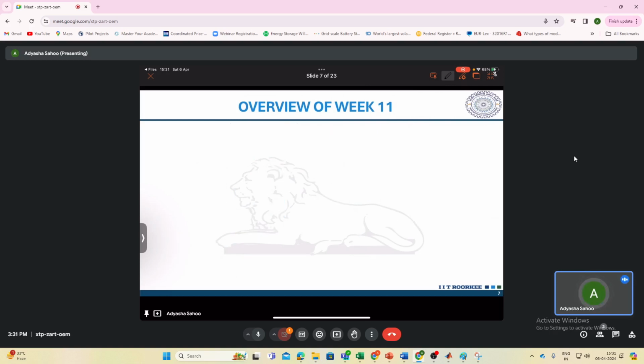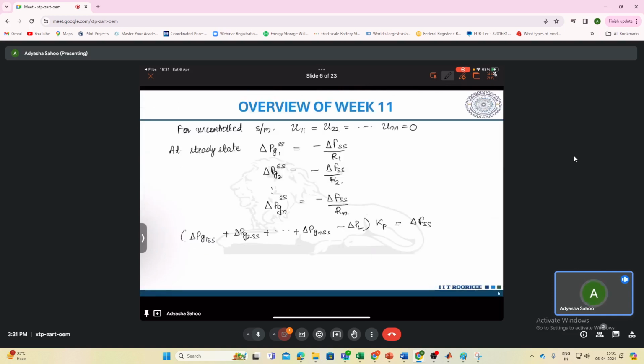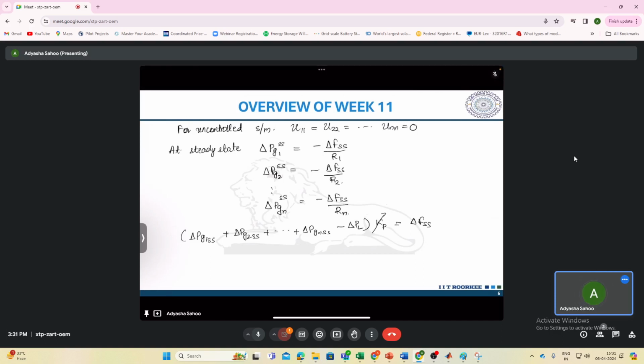And we know that Kp is nothing but 1 by D, right? So substituting that, and Pg steady state also, let us substitute from the above here.